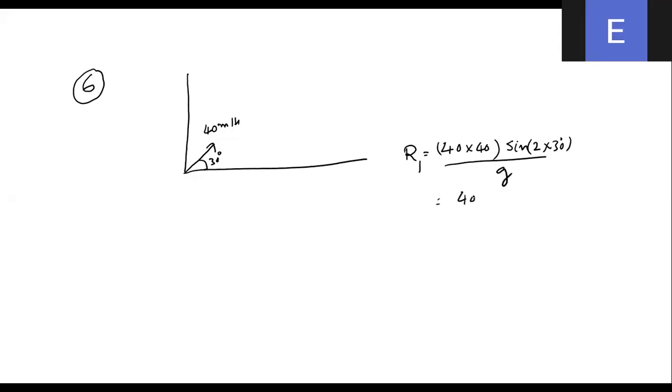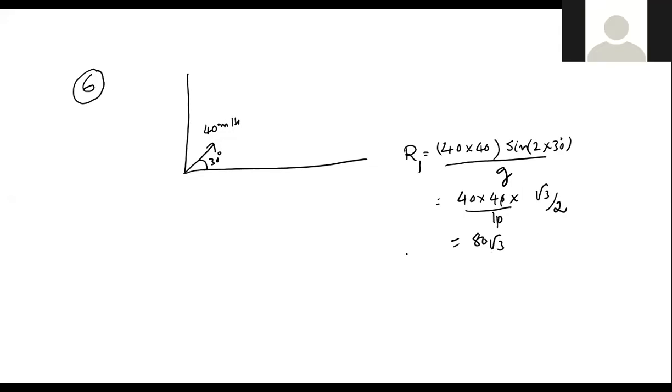So 40 into 40 sine 60, root 3 by 2, by 10. How much is this? 80 root 3, sir. 80 root 3.